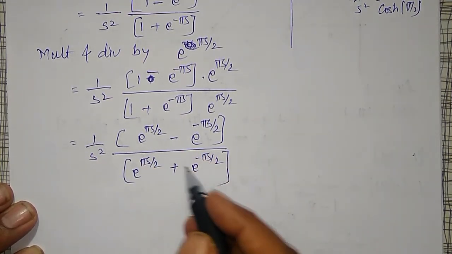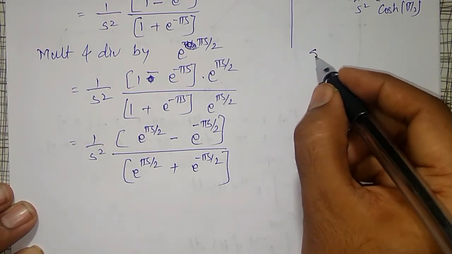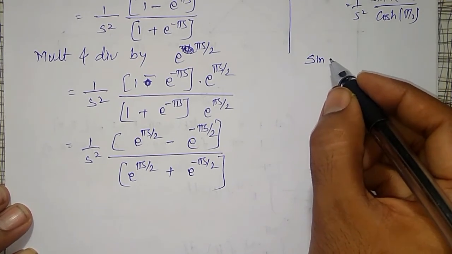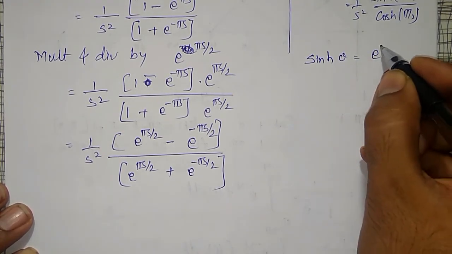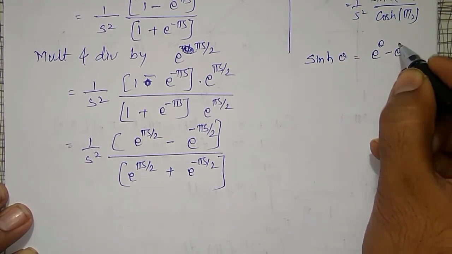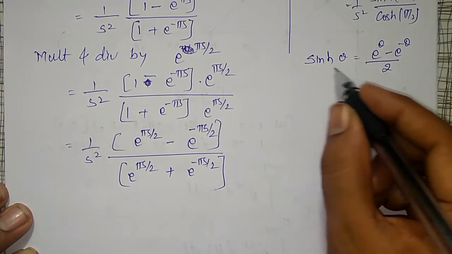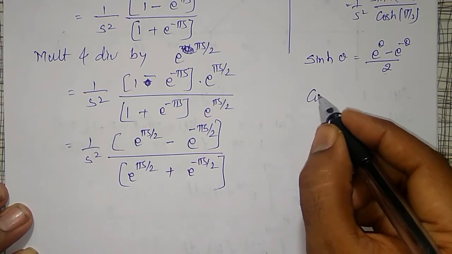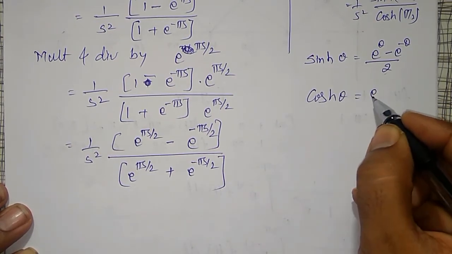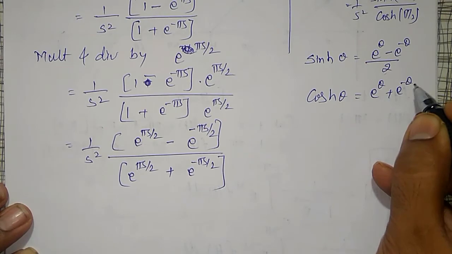These two are very similar to the hyperbolic functions. I have sine hyperbolic theta equal to e to the power theta minus e to the power minus theta divided by 2. This 2 I can shift here, therefore I can write it as 2 times. This one I can write as cos hyperbolic theta, e to the power theta plus e to the power minus theta divided by 2.